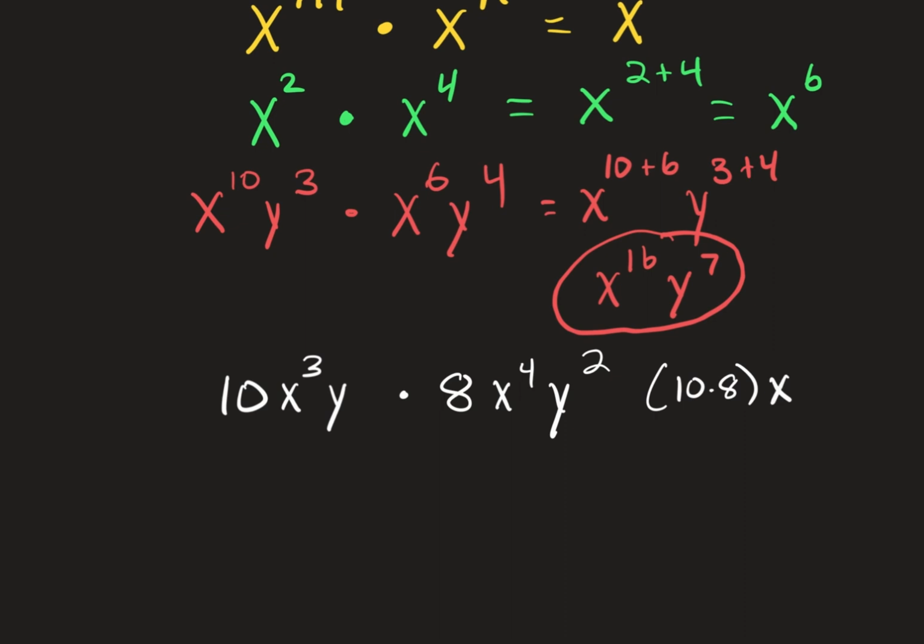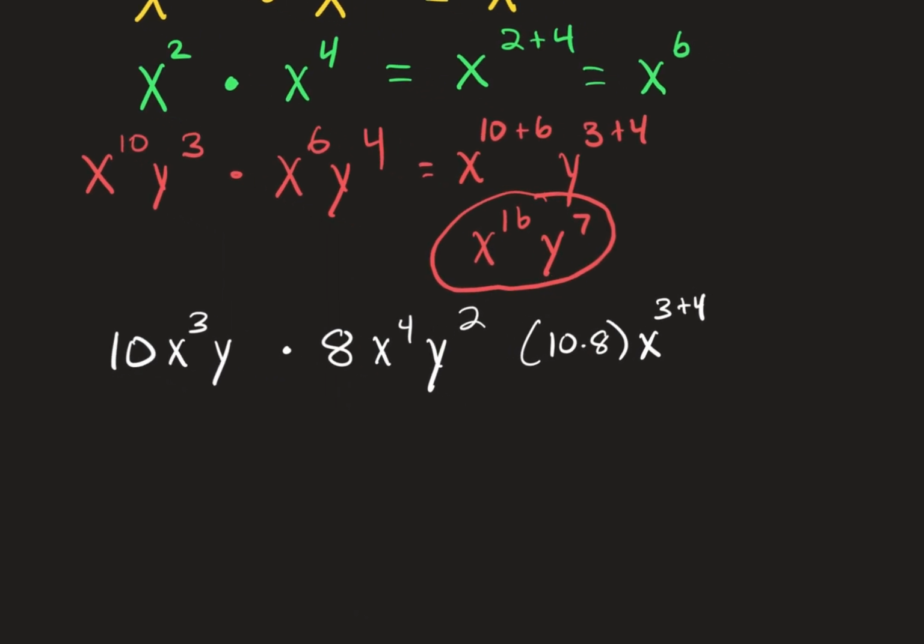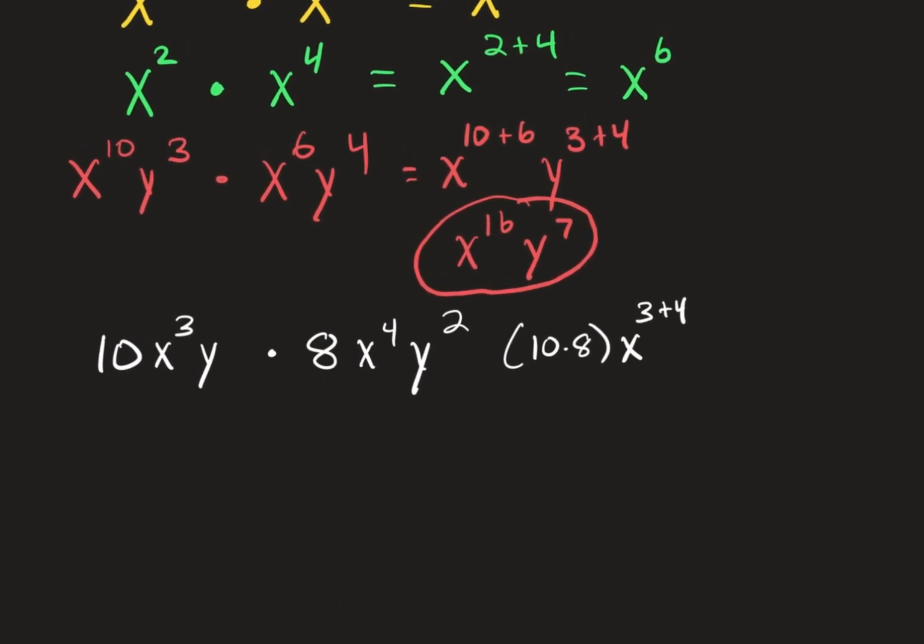For our x values, our first term has 3, our second term has 4. For the y values, if you look at that first term, it doesn't really have an exponent. There's understood to be a 1 there. So our y term is going to be 1 plus 2. There's 1 in the first term, 2 in the second term.